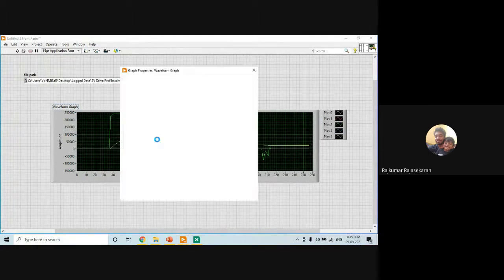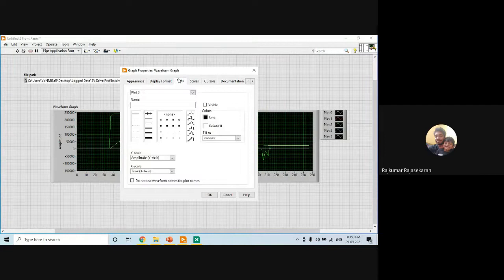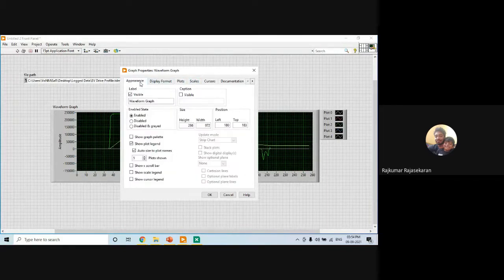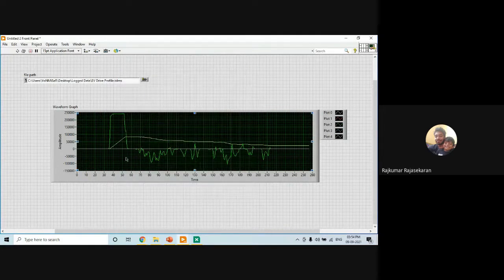So right now, everything has come to the same level. Previously there was a way where we can have everything separate. But anyway, we'll be able to see these values.